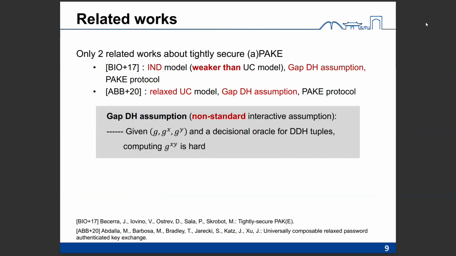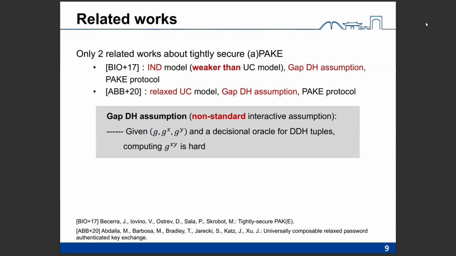Okay. Now, in terms of tightly secure PAKE and APAKE schemes, there are only two related works. The first one, BJOR+17, proposed a PAKE protocol based on the gap DH assumption in the IND-based model. We already mentioned that the IND-based model is weaker than the UC model. And the other work, ABB+20, proposed a tightly secure PAKE protocol also based on the gap DH assumption in the relaxed UC model.